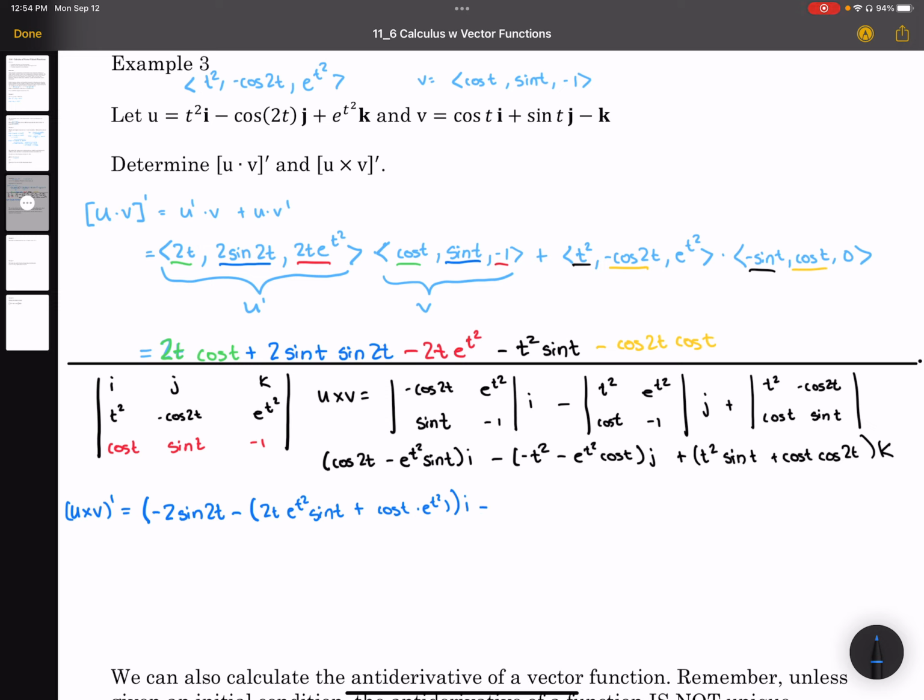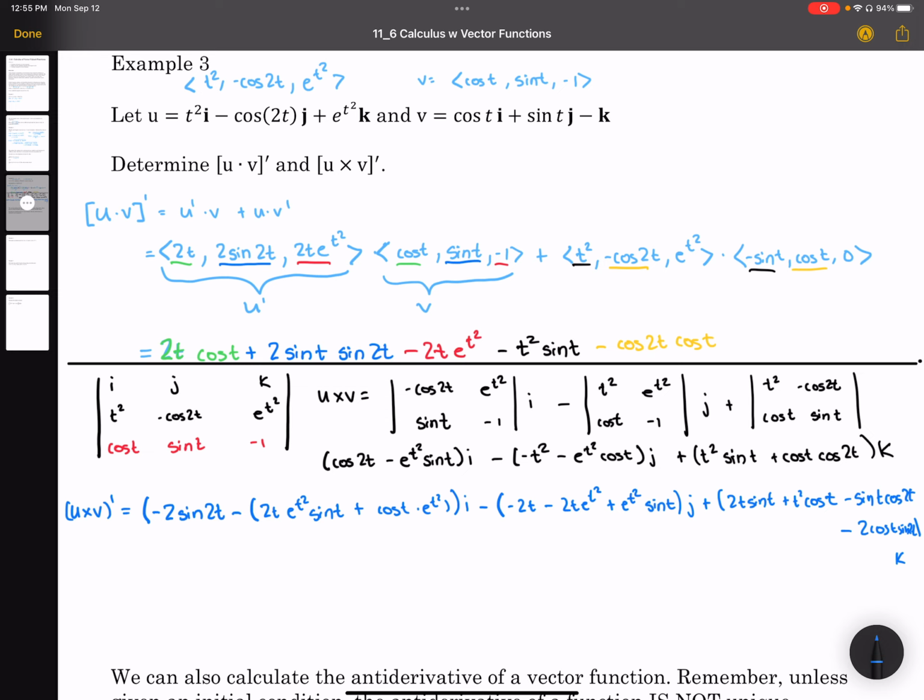And then minus for the next thing, we're going to get negative 2t minus 2t e to the t squared plus e to the t squared sine t for j, and then for k plus 2t sine t plus t squared cosine t, and then minus sine t cosine 2t minus 2 cosine t sine 2t, and all of that is multiplied by k.